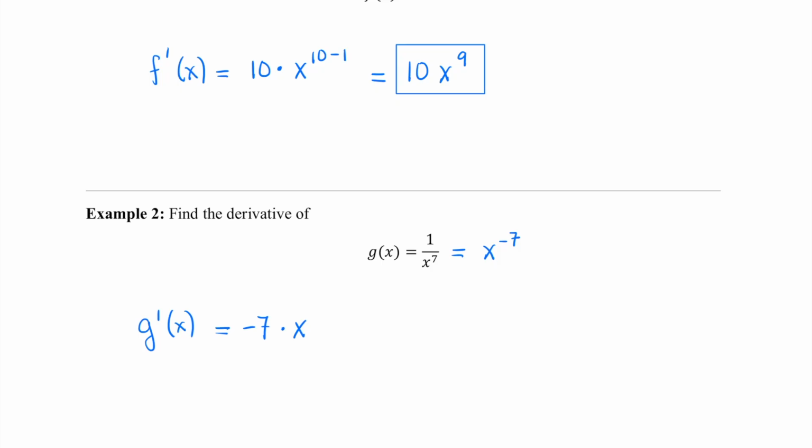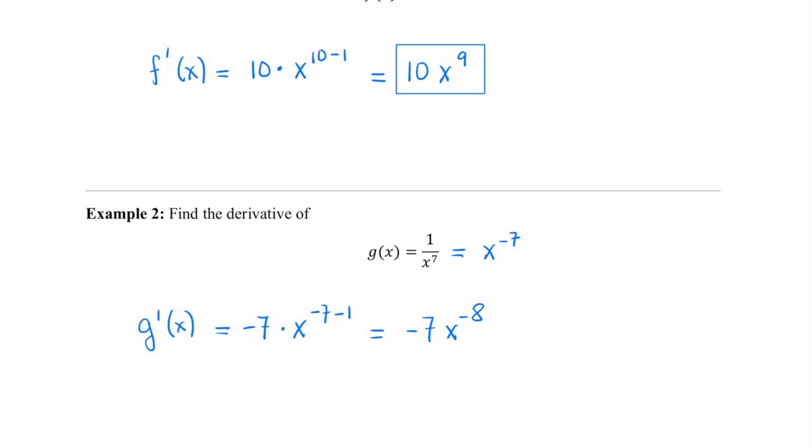Step 2, we need to find the new exponent. So the new exponent is the original exponent minus 1. Negative 7 minus 1 is negative 8. So the derivative becomes negative 7 times x to the negative 8.